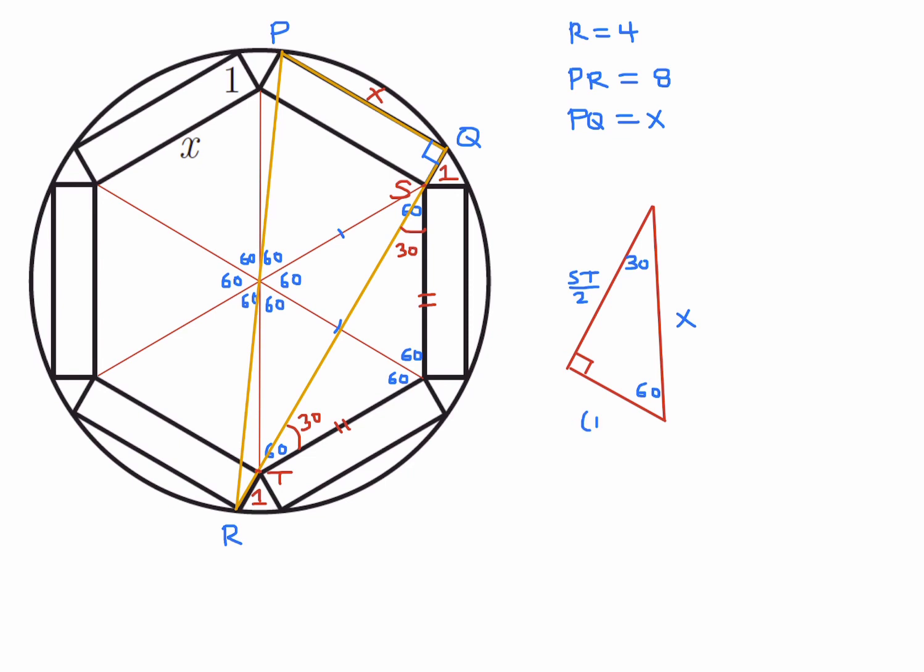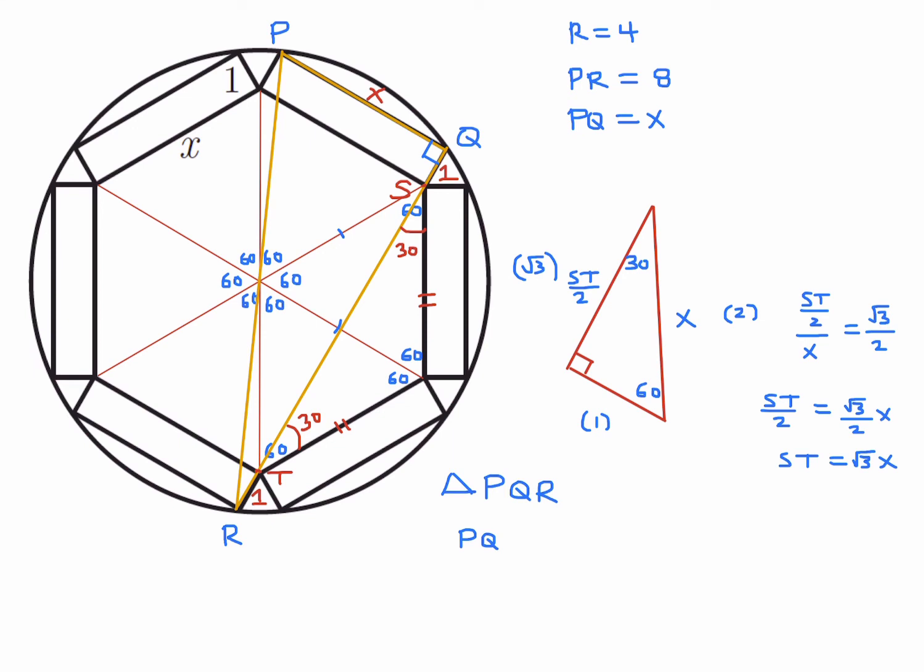And now 30, 60, 90, the ratio of the sides are 1, 2, and root 3. So we can use that to figure out ST. ST over 2 over x is equivalent to root 3 over 2. So that means ST over 2 is equal to root 3 over 2 x, and therefore ST is equal to root 3 x.